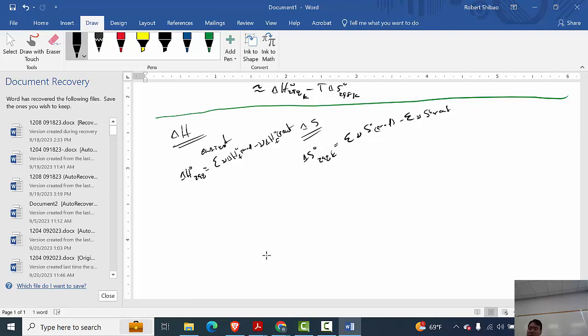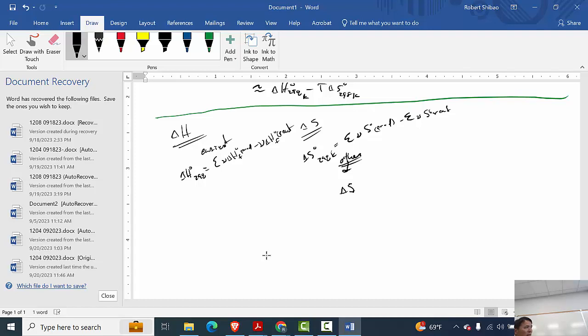There are other methods for determining delta S. This is delta S, not S. If we're looking at S, we could use the Boltzmann equation.